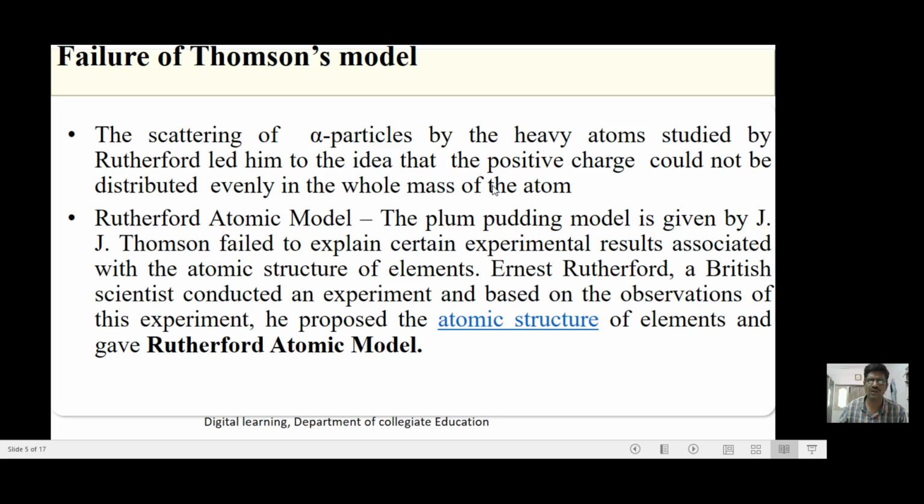The plum pudding model, given by J.J. Thomson, failed to explain certain experimental results associated with the atomic structure of the elements. Ernest Rutherford, a British scientist, conducted an experiment, and based on its observations, he proposed the atomic structure of elements and gave the Rutherford atomic model.